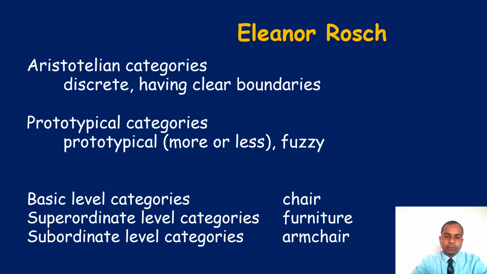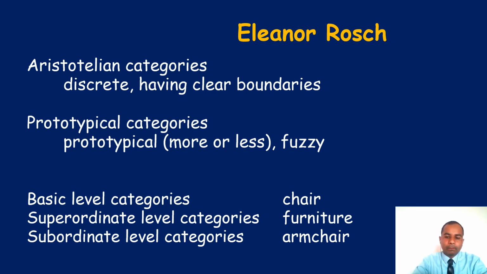So for example, when you think of chair, chair is a basic level category, whereas furniture is superordinate, and armchair, more detailed things, that is subordinate category. So we have these kinds of things. It is not only about these outside things, but about the language.